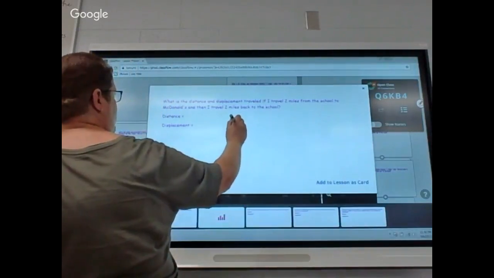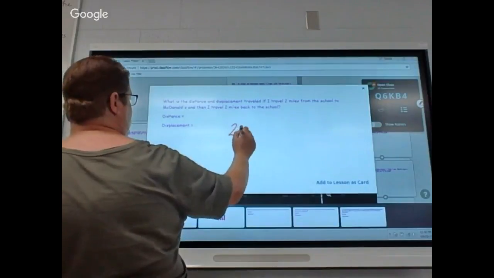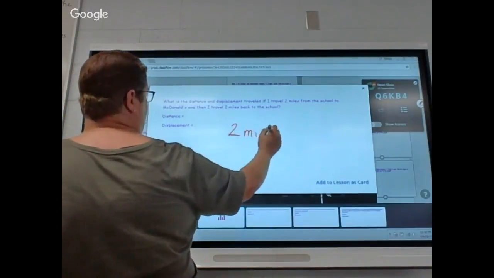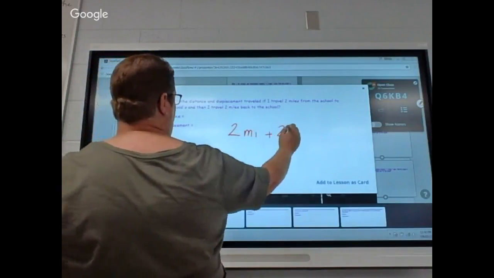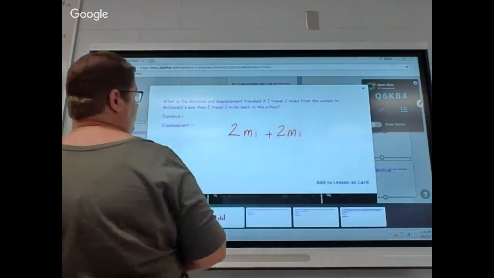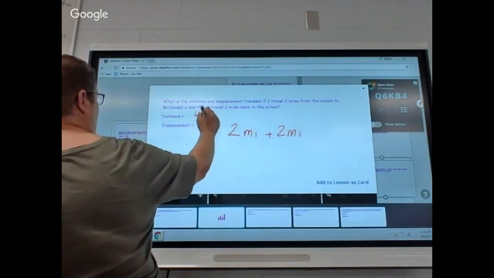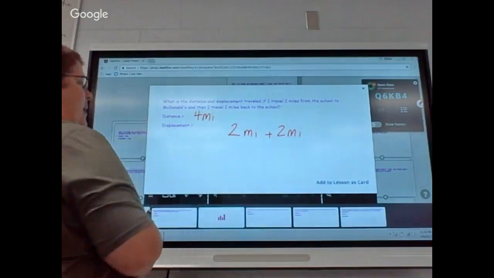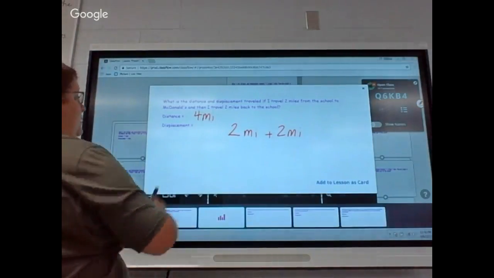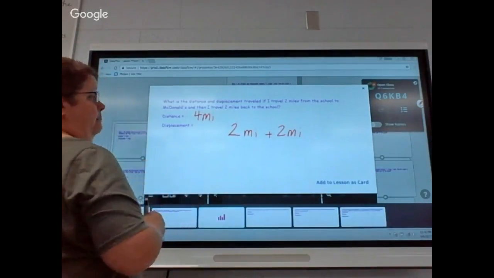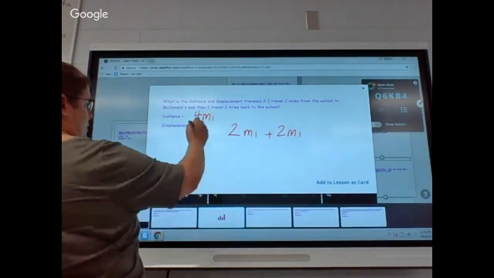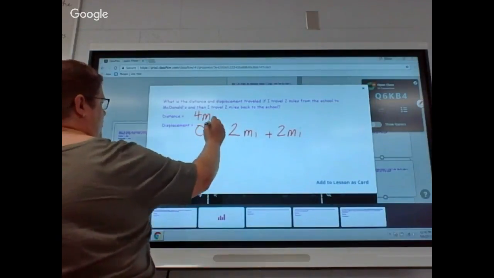If I go from school to McDonald's, we said it was 2 miles, and 2 miles back. How many miles did I go total? 4. So the distance was 4 miles. And what's my displacement? Since you went back to the school, you have 0 miles. You have 0 miles for the displacement.